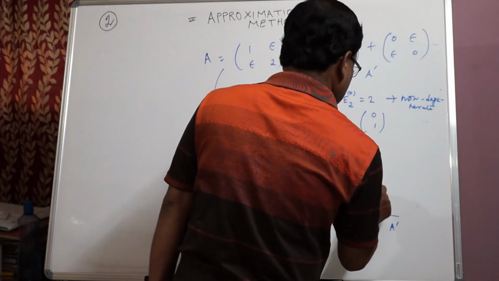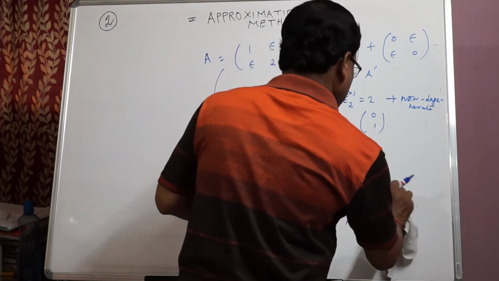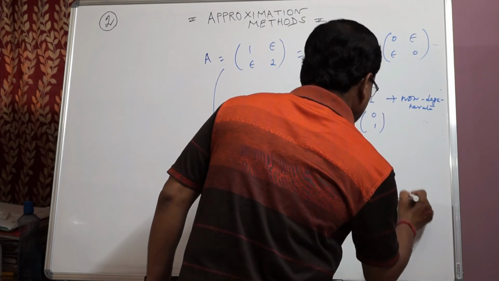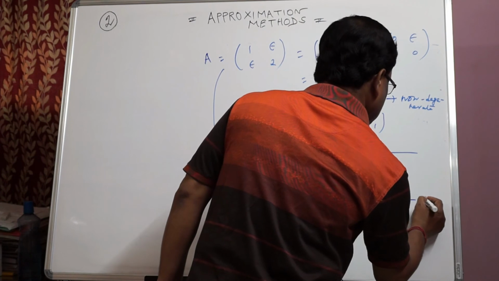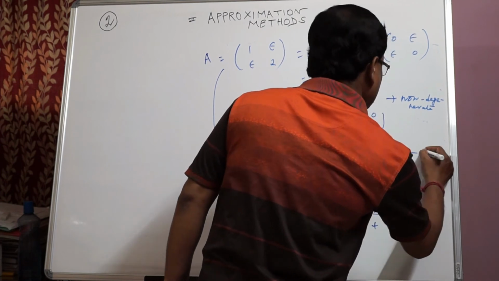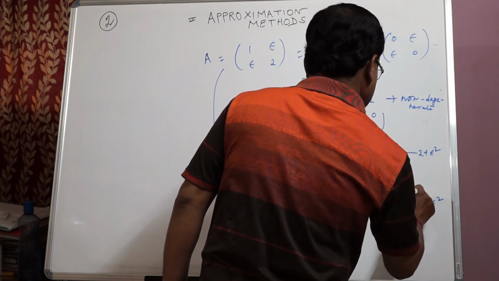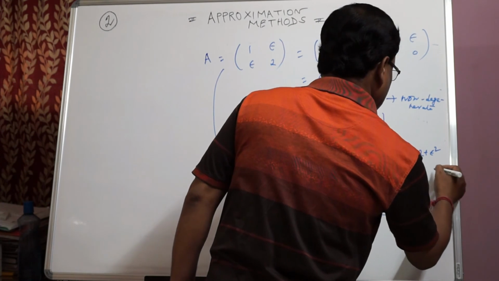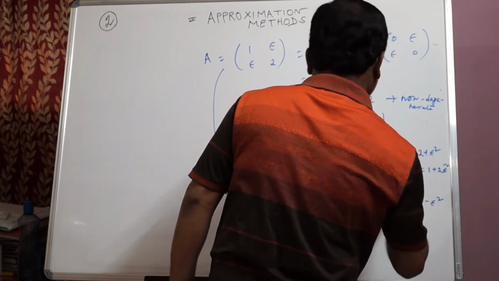The lower level is shifted downwards, and the upper level is shifted upwards: 1 minus epsilon square and 2 plus epsilon square. So the difference now becomes 1 plus 2 epsilon square.